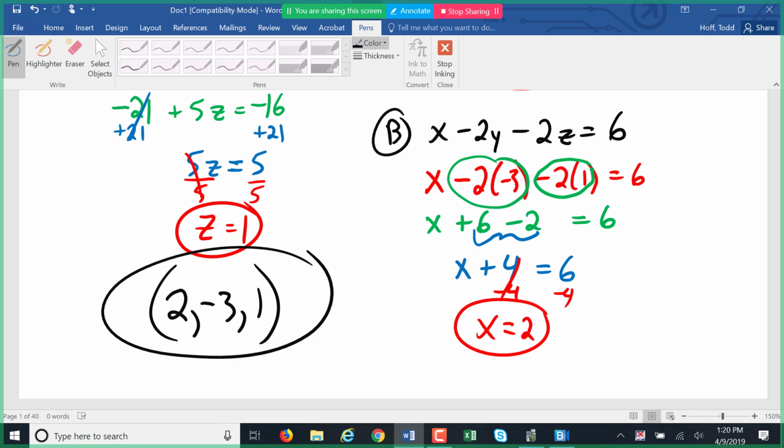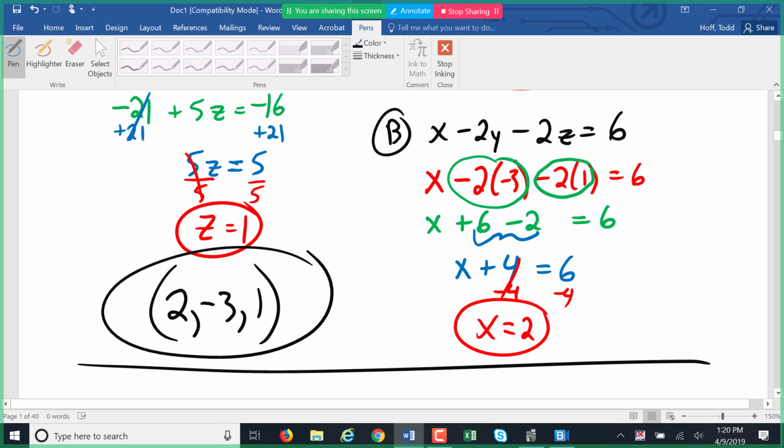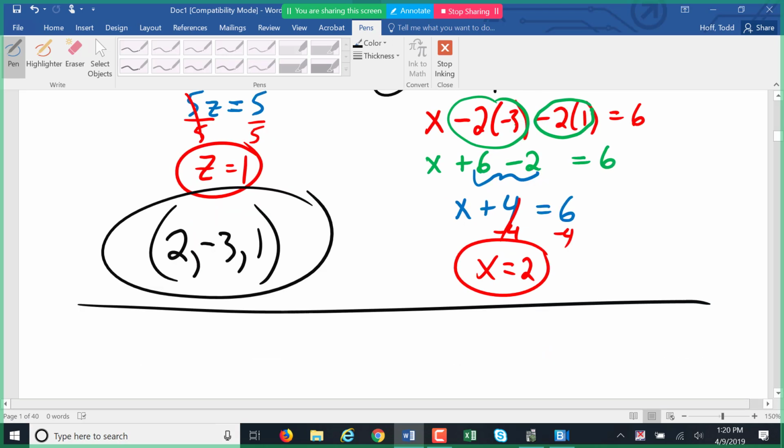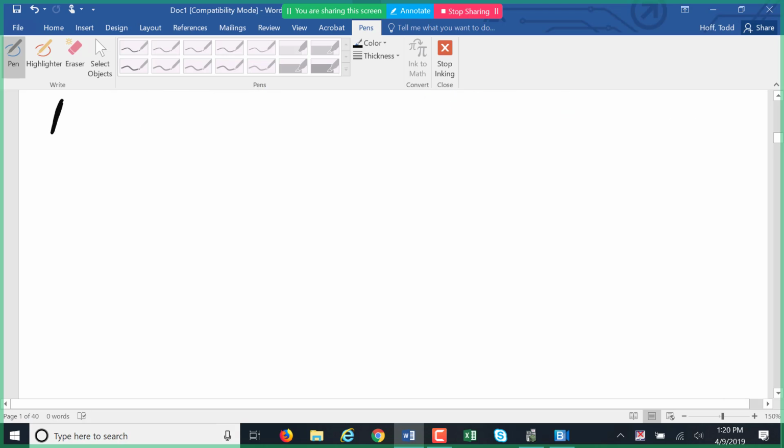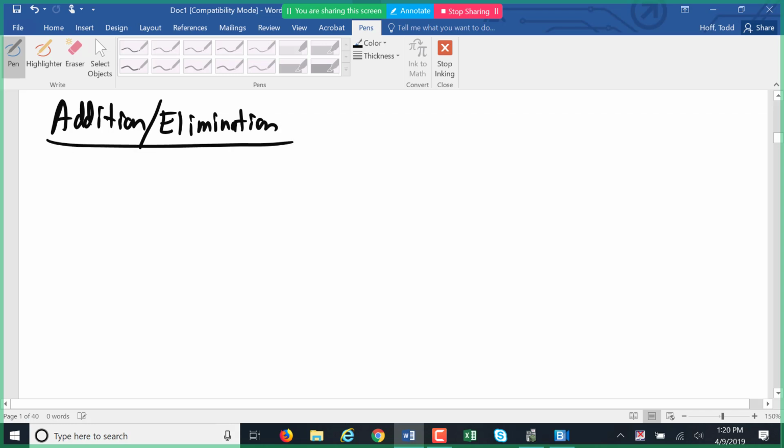Okay. That's substitution. Let's look at elimination. Or addition or elimination, I should say. So, in the addition or elimination method, I'm going to give you a system of equations here again.